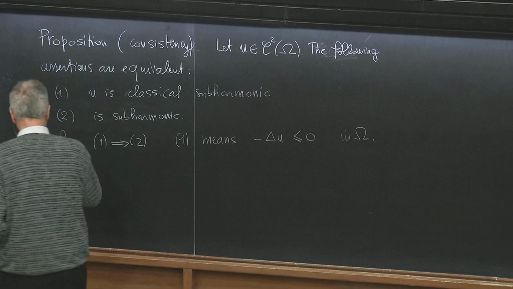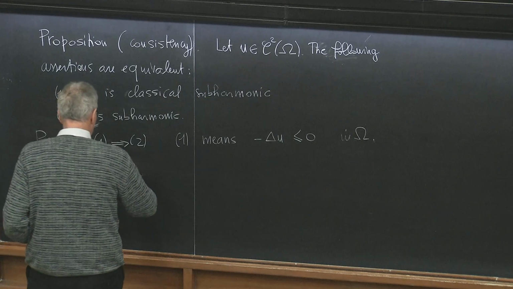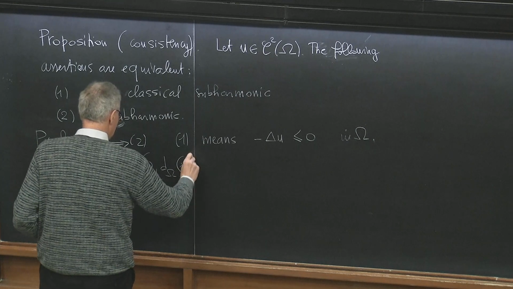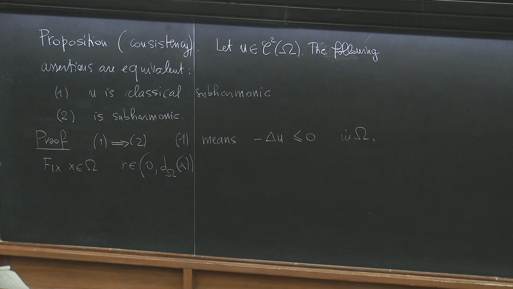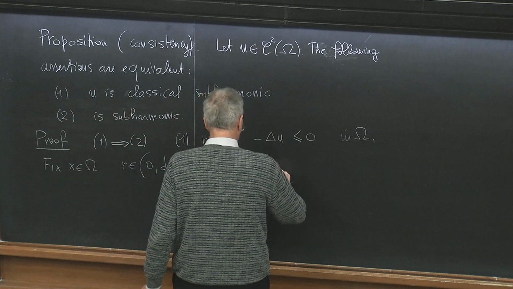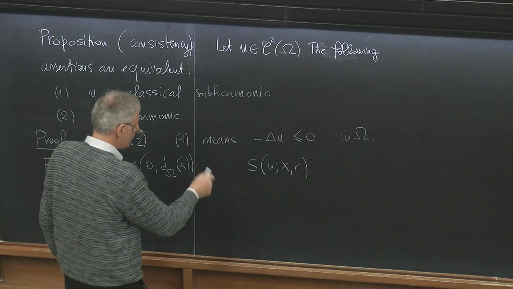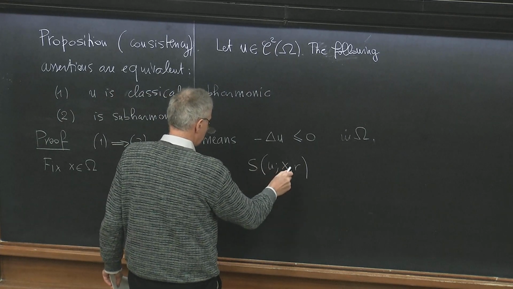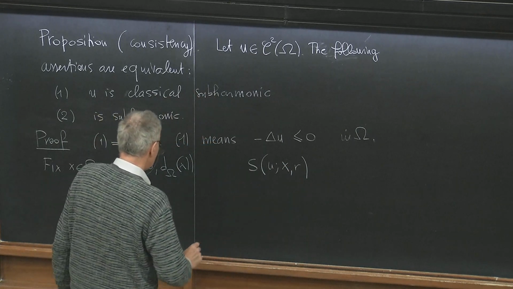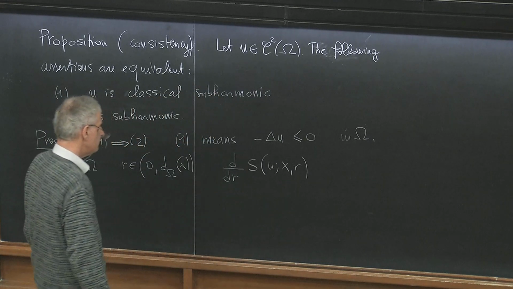So fix x in omega and take r smaller than the distance between x and the boundary of omega, and then consider the surface mean value formula, the surface mean value. So the mean value of the integral of u on the boundary of the ball centered at x of radius r. We can differentiate this with respect to r.